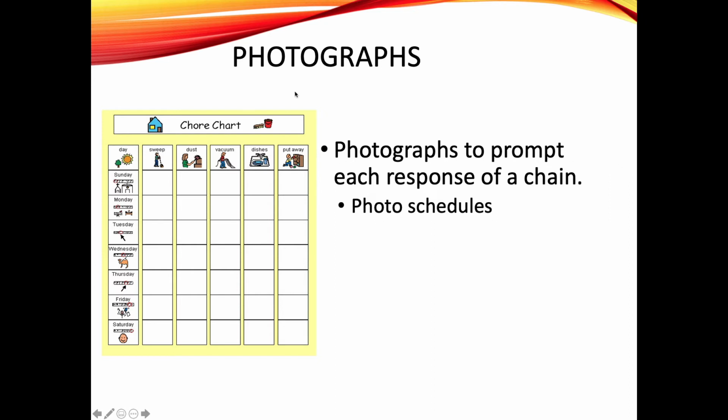When working with individuals, you may have already encountered or maybe even created photo schedules for the individual. And the idea here is we will teach them to follow the photo schedule. So the photos are providing prompts.